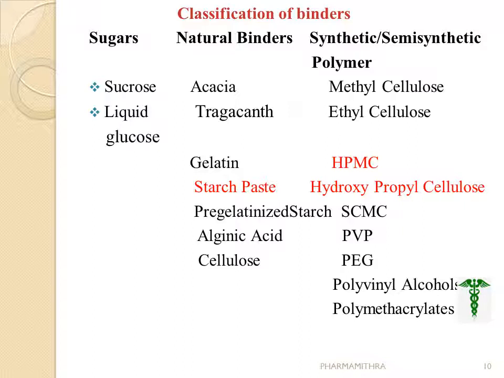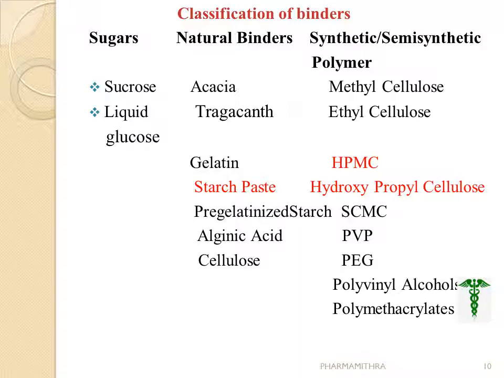Under sucrose, the natural binder available is acacia, and the synthetic available is methyl cellulose. From liquid glucose, many binders are available: tragacanth, gelatin, starch paste, pregelatinized starch, and alginic acid. In the case of synthetic or semi-synthetic, we have ethyl cellulose, hydroxypropyl methyl cellulose, hydroxypropyl cellulose, sodium carboxymethyl cellulose, polyvinyl pyrrolidone, polyethylene glycol, polyvinyl alcohol, and polymethacrylate.